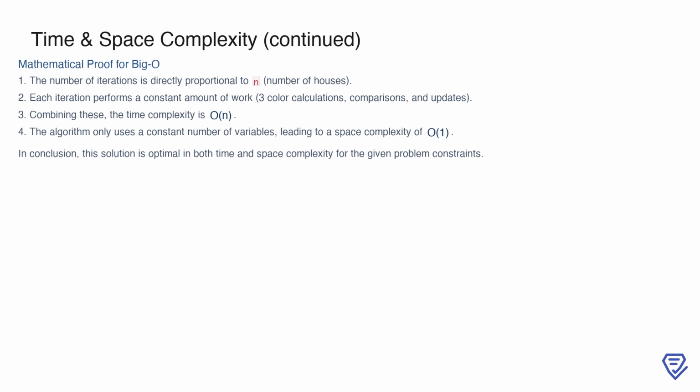Similarly, the space complexity is confirmed as O(1), because the algorithm only uses a fixed number of variables regardless of the input size. These factors demonstrate that the solution is optimal in both time and space complexity for the given constraints, making it highly efficient for solving the problem of minimizing the cost of painting houses.